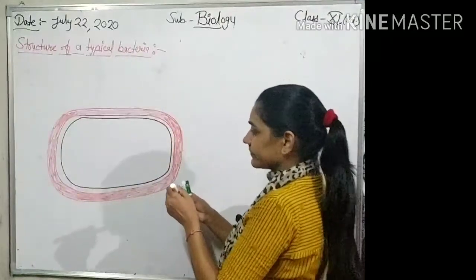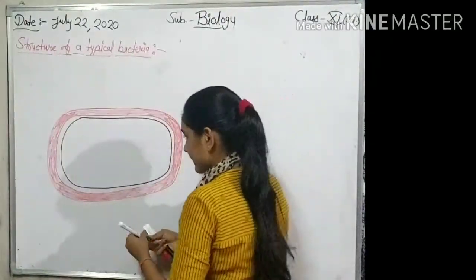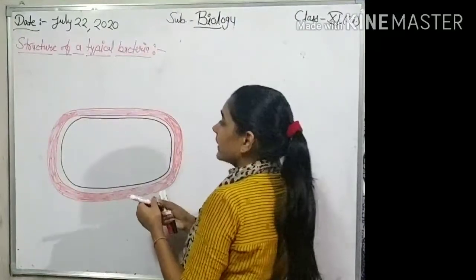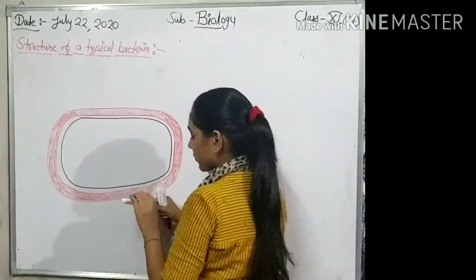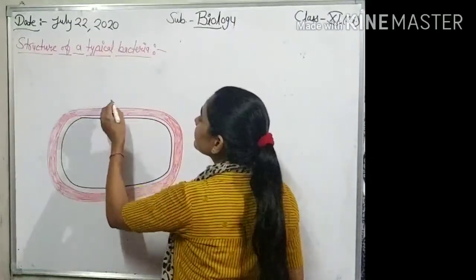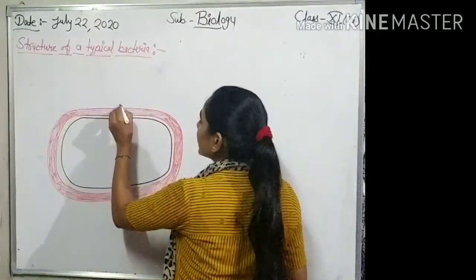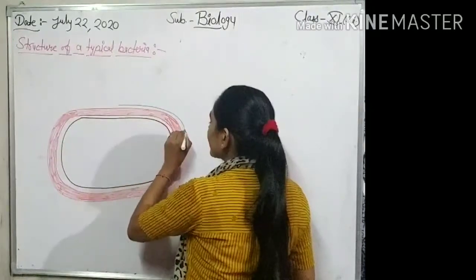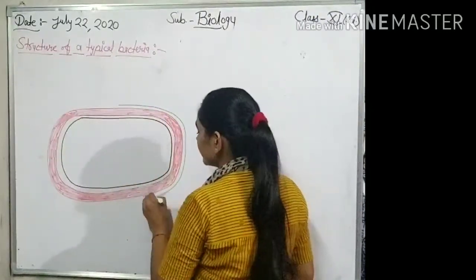But in bacteria a third protective layer is also present, which is known as capsule.